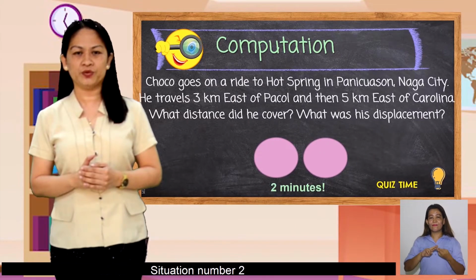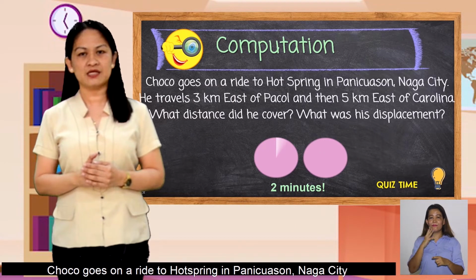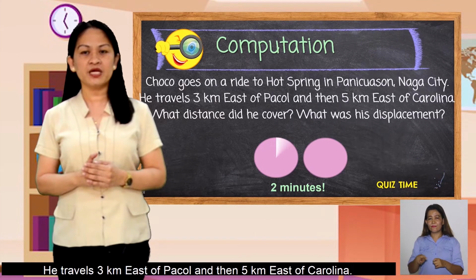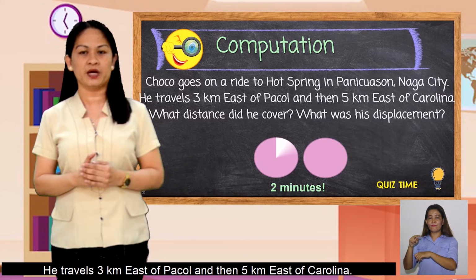Situation number 2. Choco goes on a ride to Hot Spring and Panikwason, Naga City. He travels 3 kilometers east of Pacol and then 5 kilometers east of Carolina.